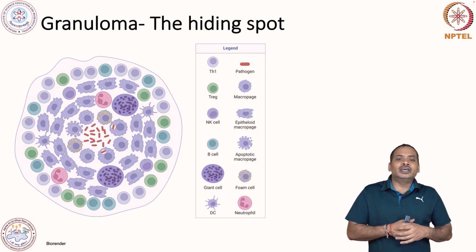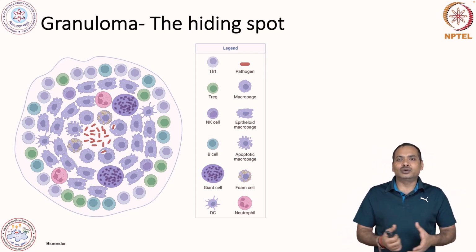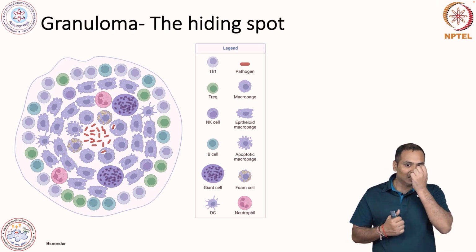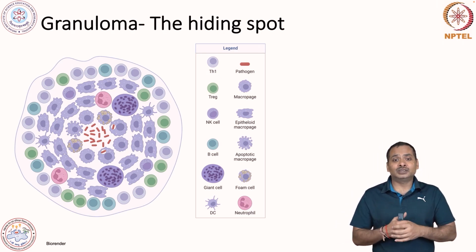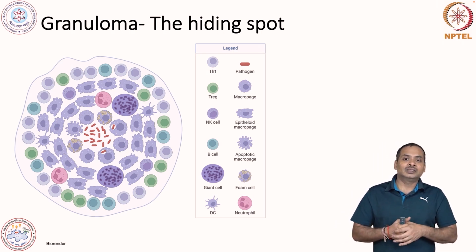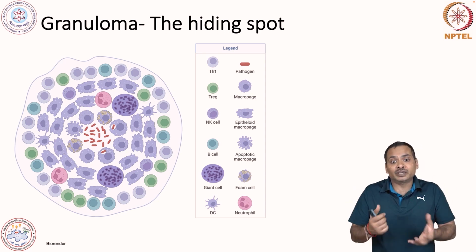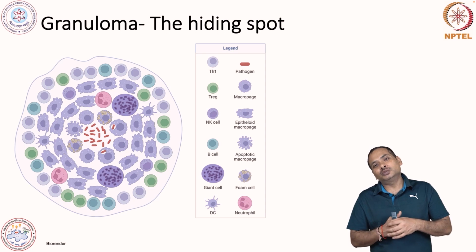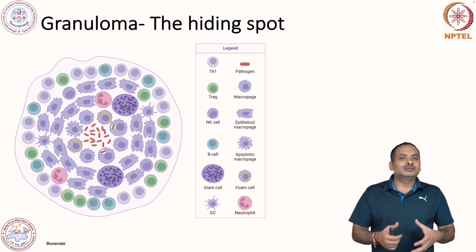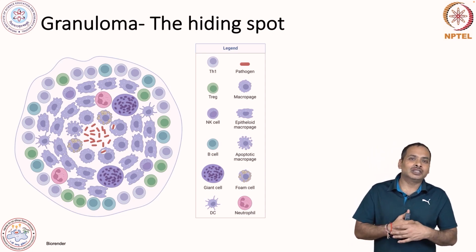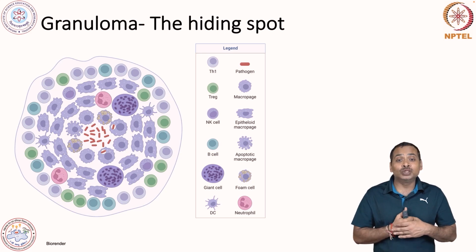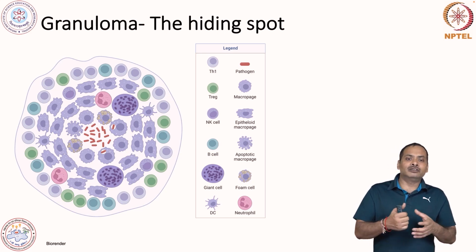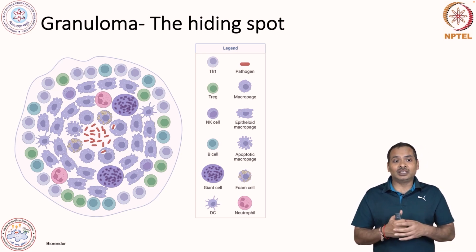There will be Treg cells which regulate the immune response. There will be pathogen macrophages. There will be epithelioid macrophages. Basically Mycobacterium tuberculosis transforms these macrophages and they turn into epithelioid cells. Sometimes they become multinucleated. There will be a presence of natural killer cells.